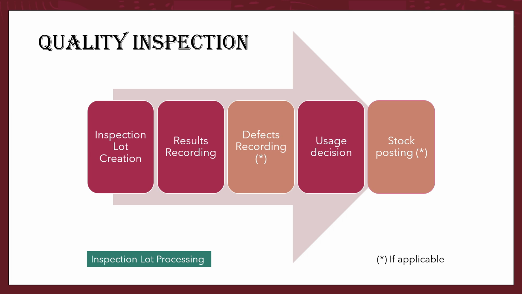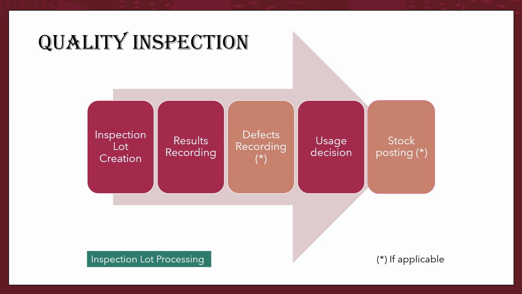Typically it will be a material, to record the defects if there are any, and to take the decision if the material can be used further in the process, whether it's production in case of a raw material, for example, or could be a resale product that will be sold to the customer and shipped to the customer. And then we have also the last part, which is the stock posting for that.